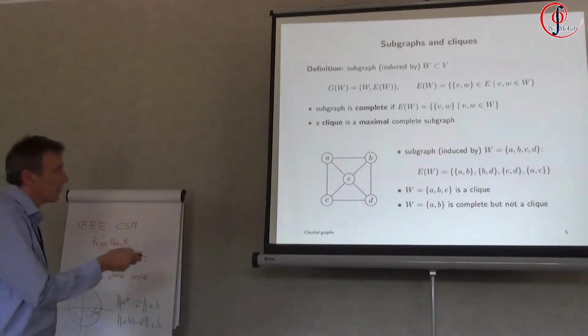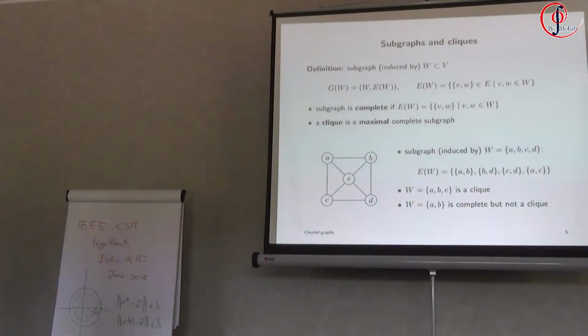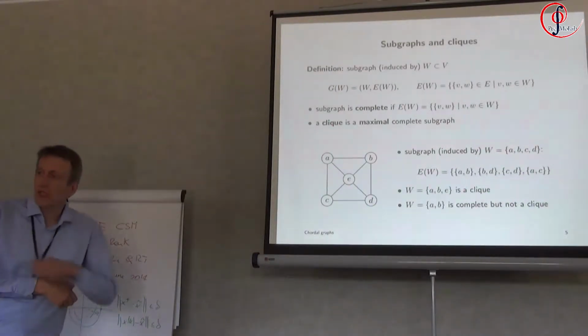This is an important remark: we'll distinguish between a complete subgraph and a clique. Clique in this talk will always refer to a maximal complete subgraph. Many papers also use clique for just a complete subgraph, and then maximal clique for a maximal complete subgraph, but here I'll use clique only for a maximal complete subgraph.